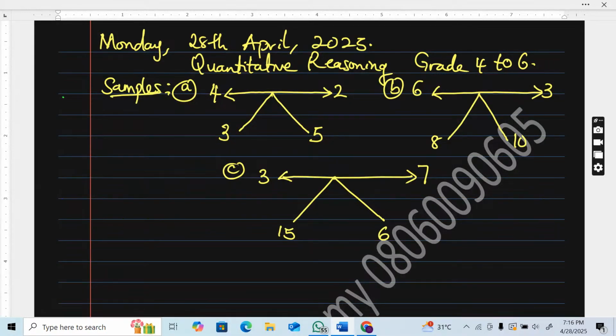Whatever method we apply to sample A must be applicable to sample B. And that same method must be applicable to sample C. All right? Any method applied to sample A must be applicable to sample B and must also be applicable to sample C. I hope you understand that.